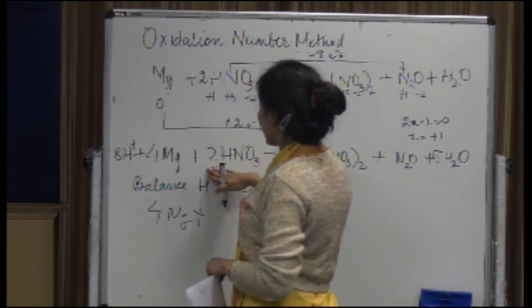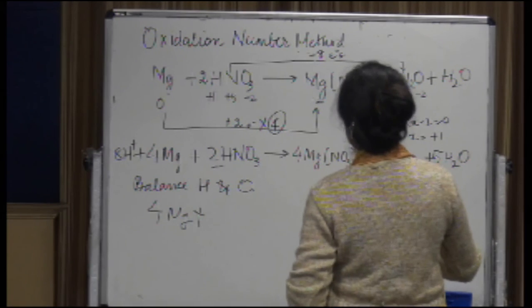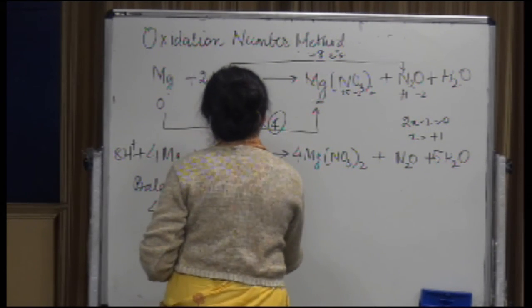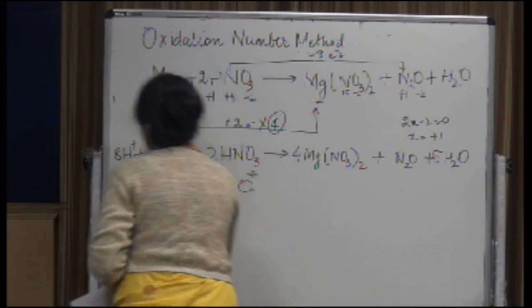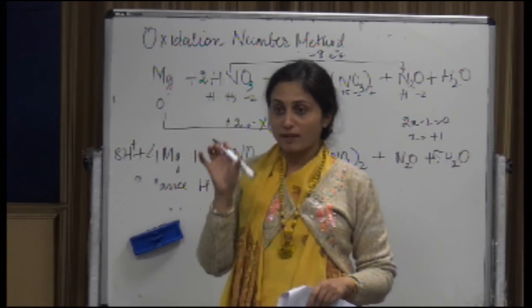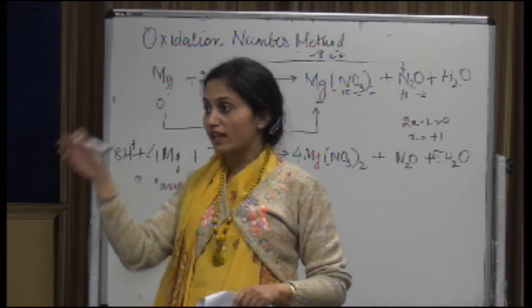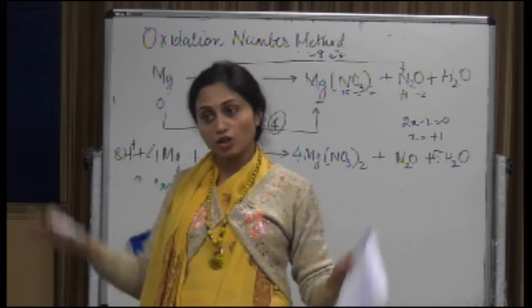And now you work out for the nitrate part of it. What you have is you take the spectator ions and add them. Last time I told you the significance of the spectator ions is that they do not participate in the main reaction, but they can be added on either side to balance the overall reaction.